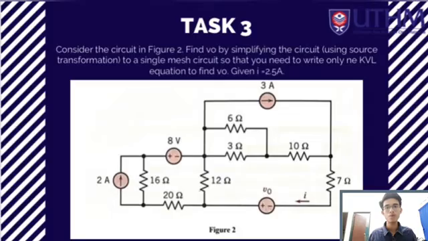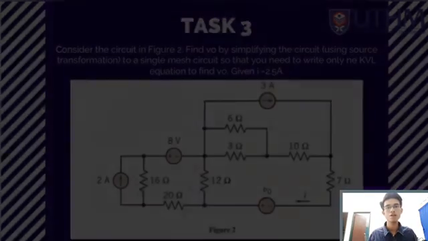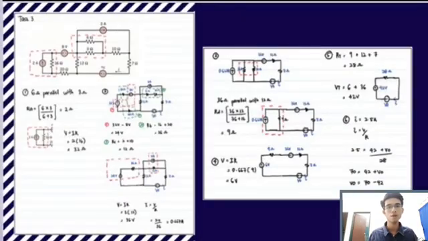Okay, I will explain task 3. First of all, for step 1, combine the resistors 6 ohm and 3 ohm. Next, by using source transformation, combine the current 2 ampere with resistor 16 ohm. After that, for step 2, redraw the circuit, then combine the resistor 16 ohm with 20 ohm, and also 2 ohm with 10 ohm.